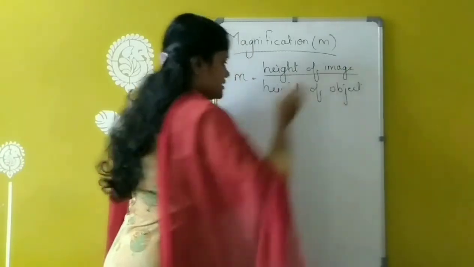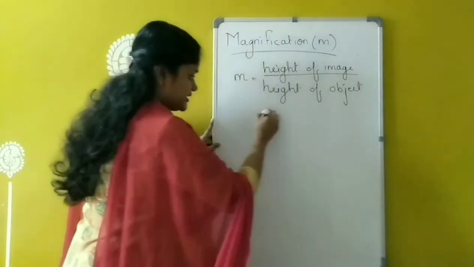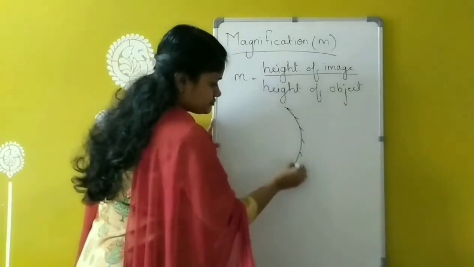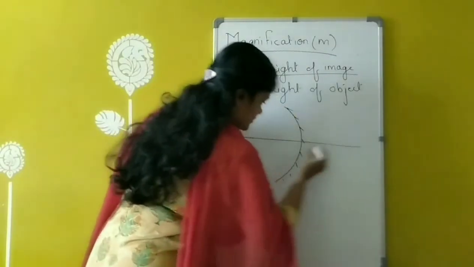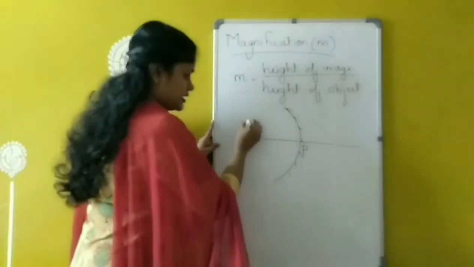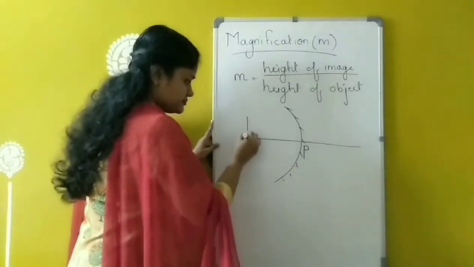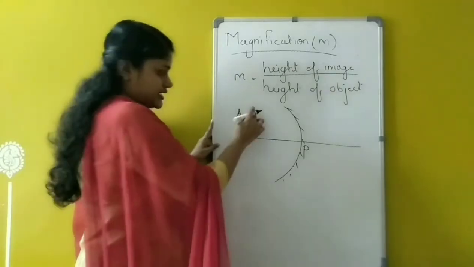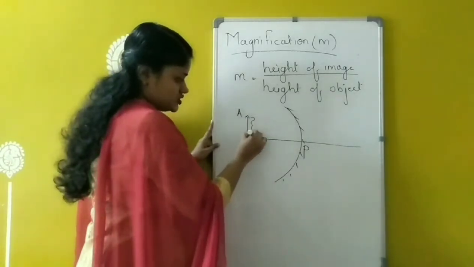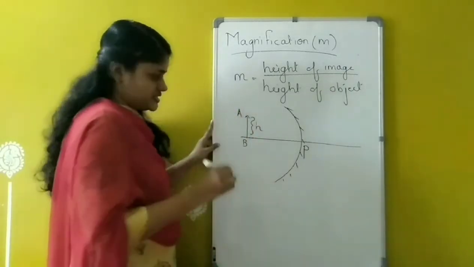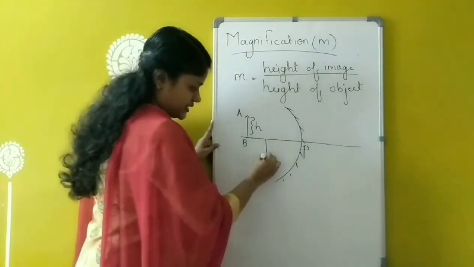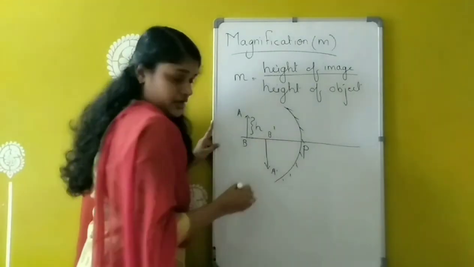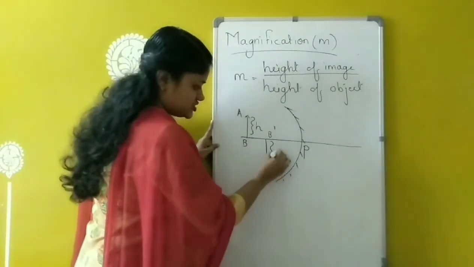Height of object. Suppose I am taking a concave mirror here. This is the pole, and somewhere here I am keeping the object. This is the object AB, and the height of this object I am taking as H. And somewhere here I am getting the image A dash B dash, and the image height I am taking as H dash.